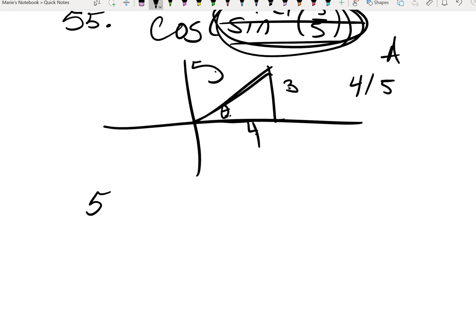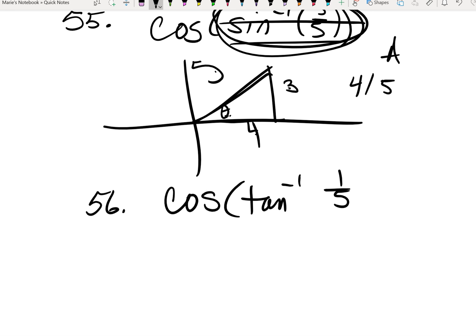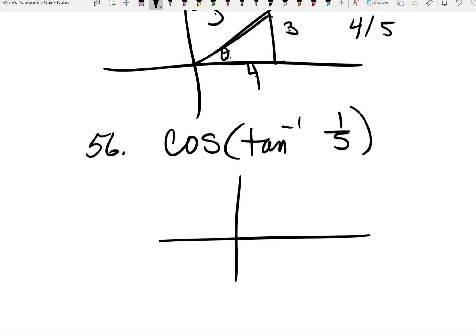Okay, let's look at 56. Apply the same concept. You have the cosine of tan inverse of 1/5. Again, you draw your quasi triangle. There's a theta and it has an opposite and adjacent, which means the hypotenuse is the square root of 26, since 25 and 1 is 26.